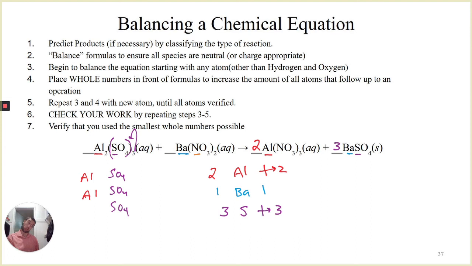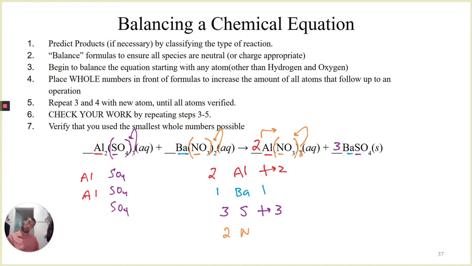If it isn't already balanced, it's going to be crappy to balance. So I'm going to leave it alone. The nitrogen on the left-hand side, 2 times our parenthetical, means that I have 2 nitrogens. On the product side, I have 3, but 2.